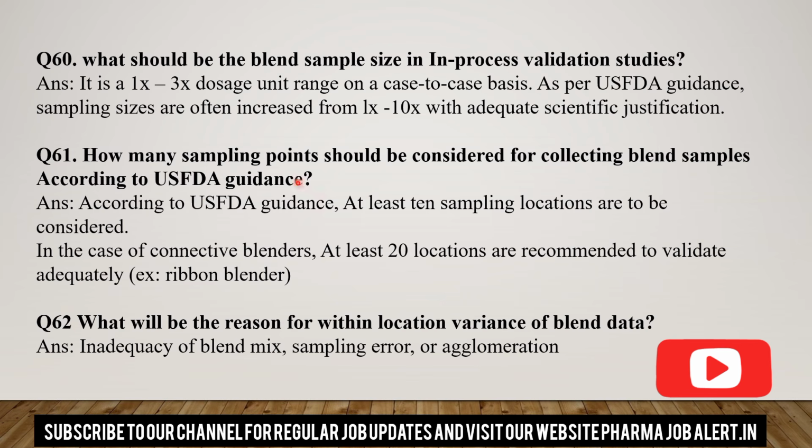Friends, how many sampling points should be considered for collecting blend samples? According to USFDA, at least 10 sampling locations are to be considered. What will be the reason for within location variance of blend data? The inadequacy of the blend mix, sampling error or agglomeration are the reasons for within location variance of the blend data.